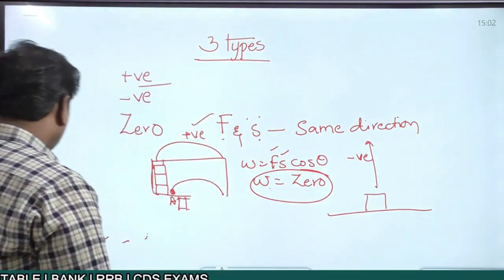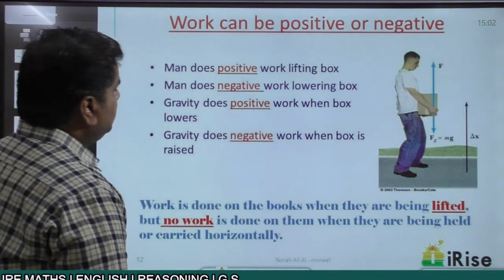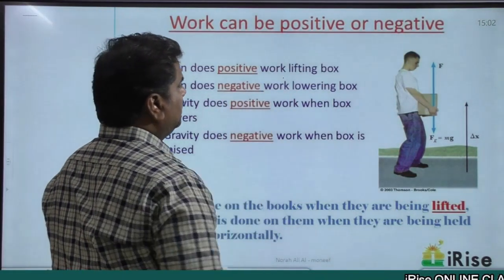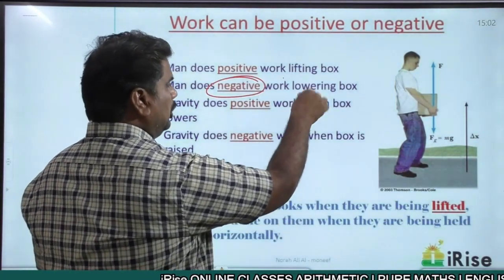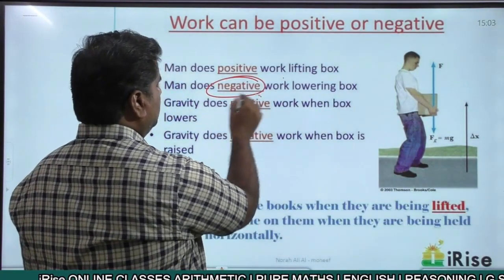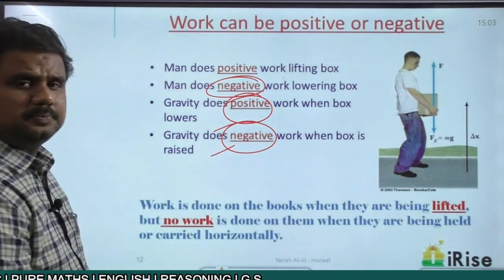So in some cases work is positive, in some cases work is negative, right? Work done is positive while lifting a box, work done is negative while lowering a box. Gravity does positive work, gravity does negative work, the different cases, right?